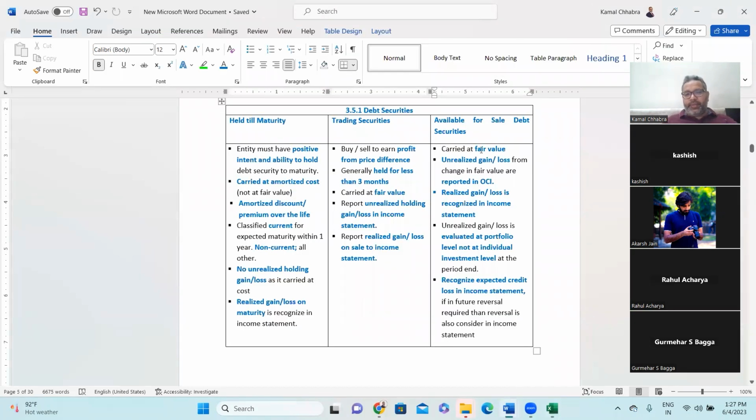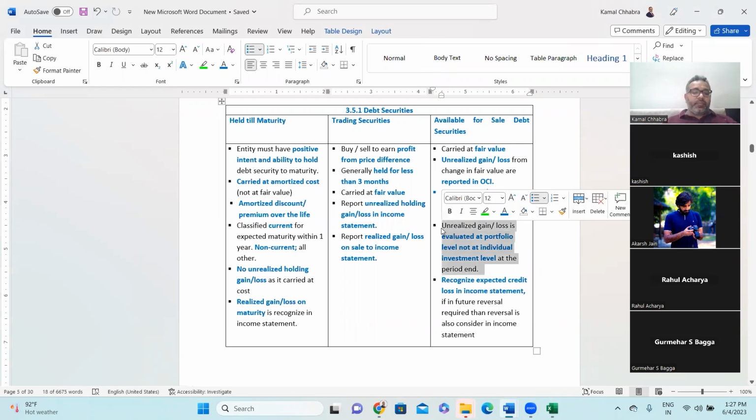So, carried at fair value, unrealized gain and loss from change in fair value is reported in OCI, and realized gain or loss is recognized in the income statement. Unrealized gain or loss is evaluated at the portfolio level, not at the individual investment level. Do you know what a portfolio level is?